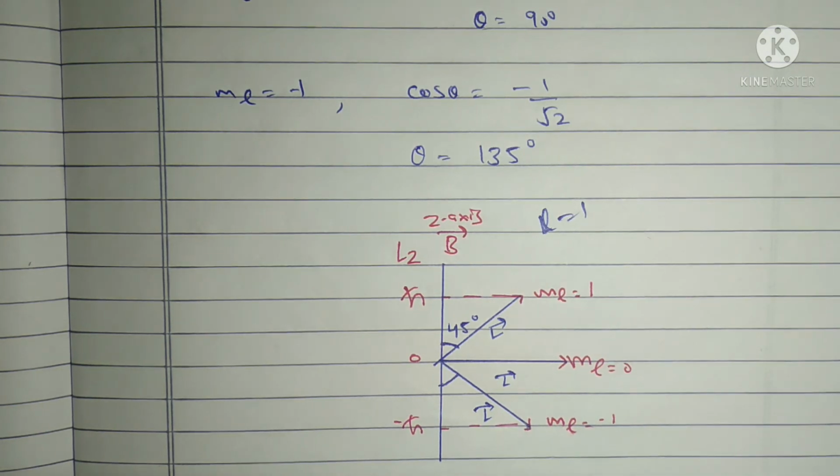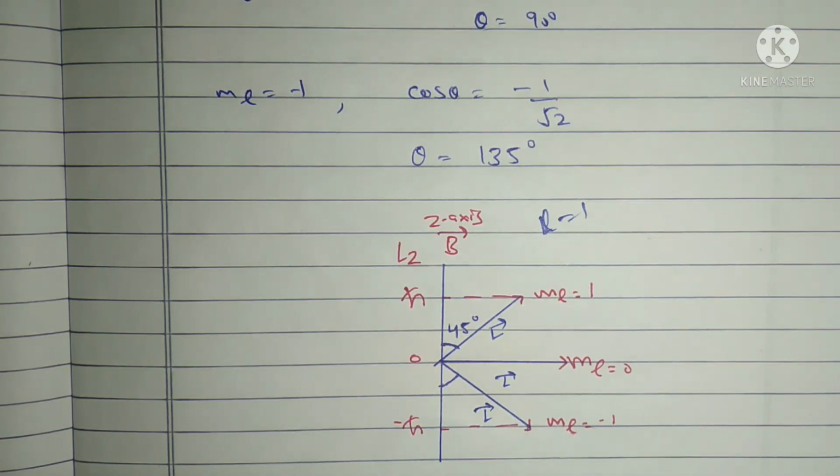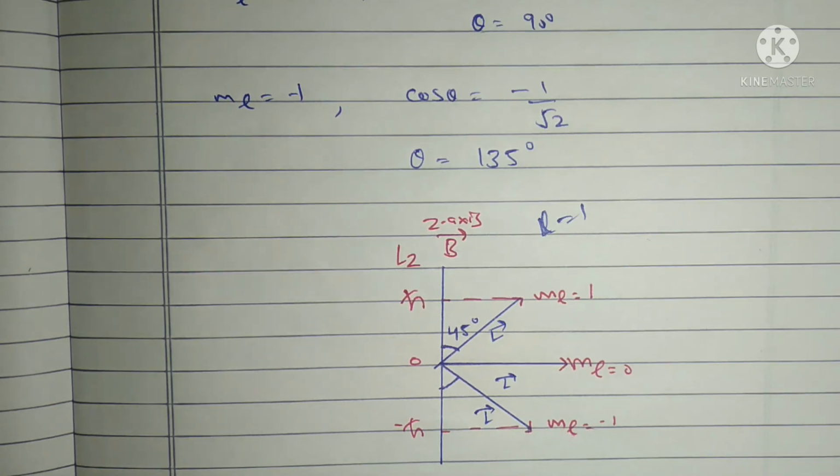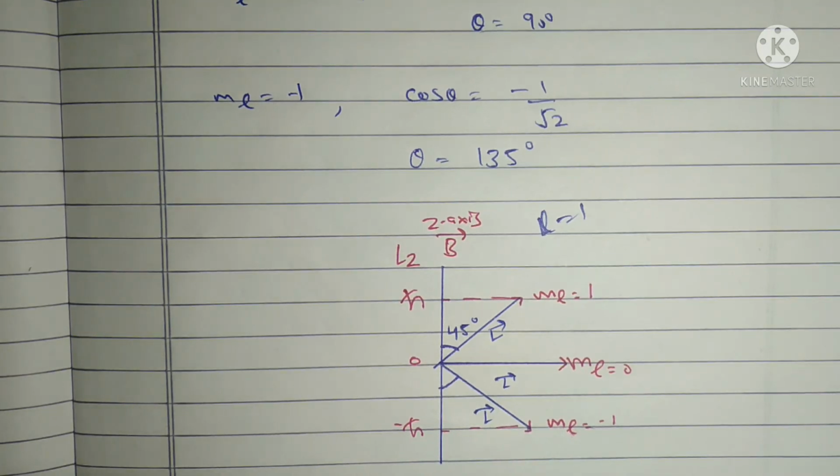So for l equal to 1, there are three different orientations. We can say that the angular momentum vector L can have discrete orientations with respect to the magnetic field. This is called quantization, which means discrete values of the orientation. So the quantization of the orientation of atoms in space is called space quantization.